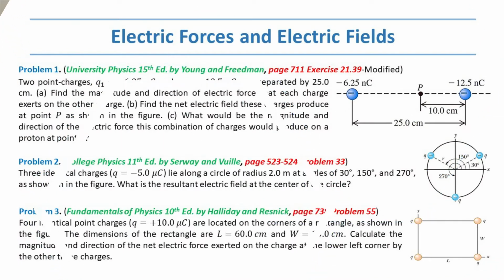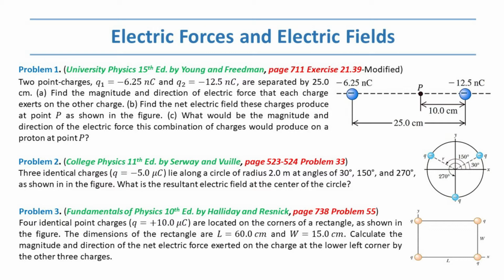Okay, let's proceed with our problem number 2. The problem can be found in the 11th edition of College Physics by Serway, on pages 523 to 524, problem number 33.